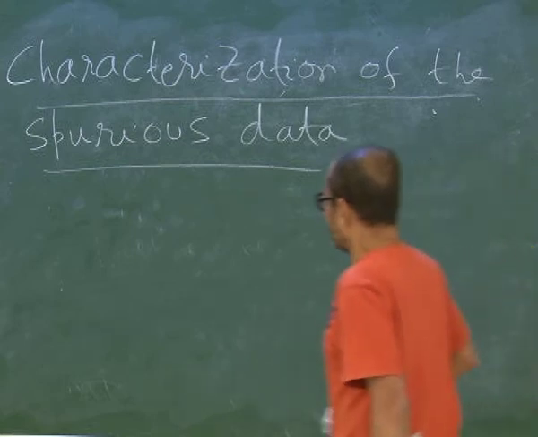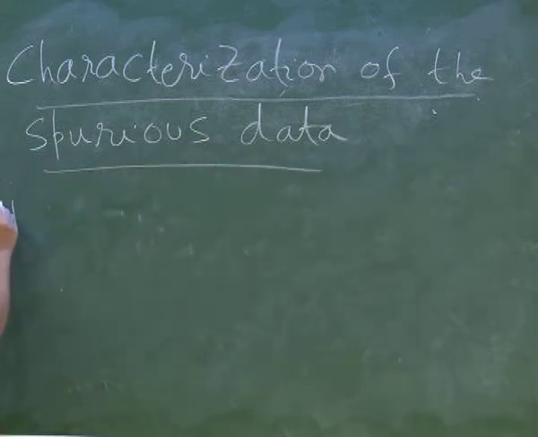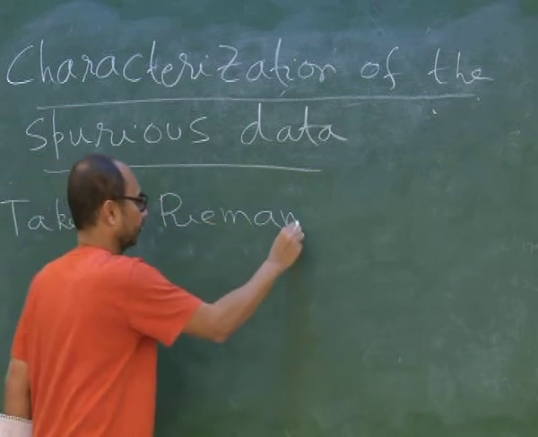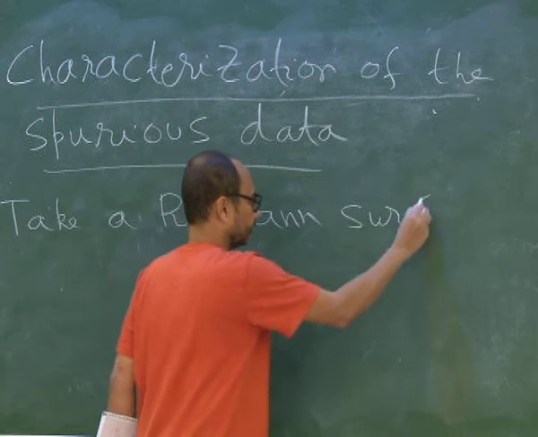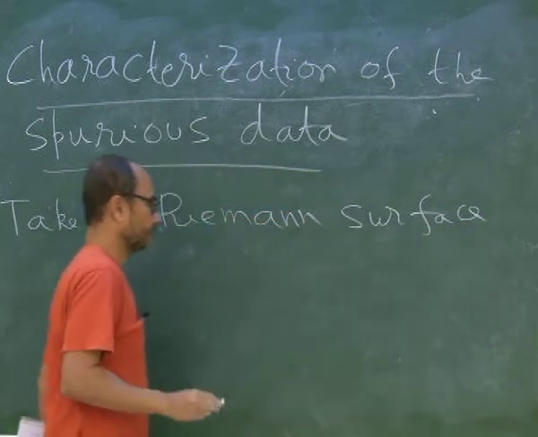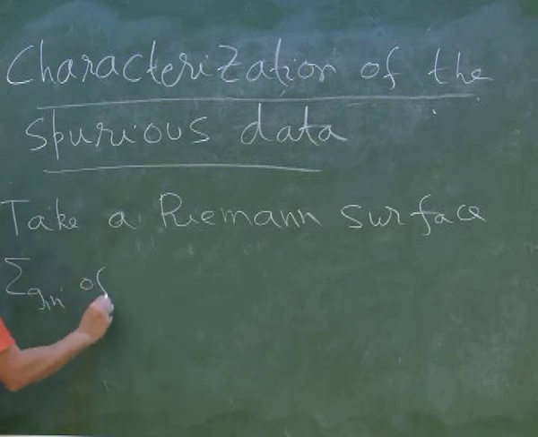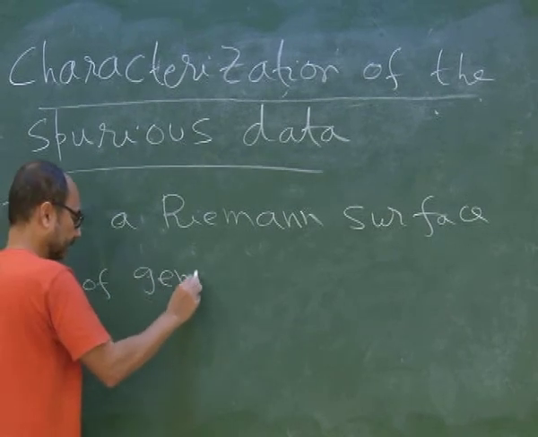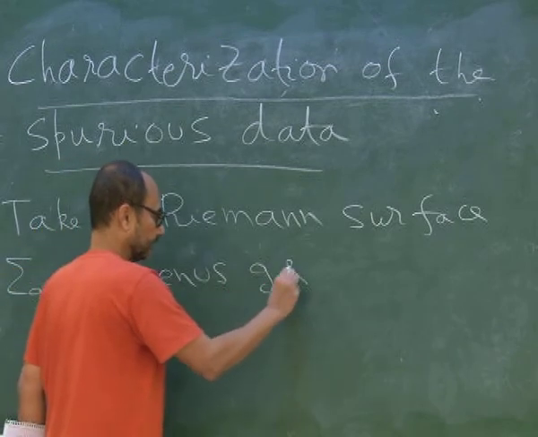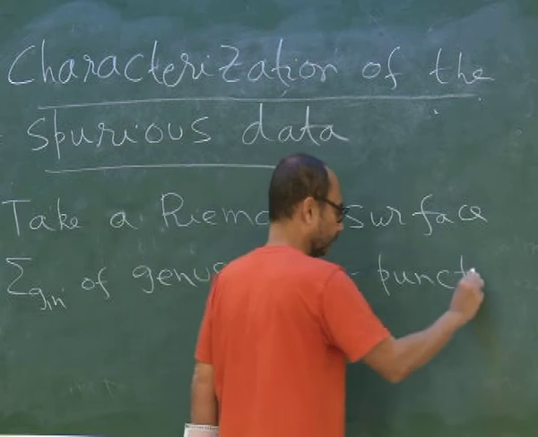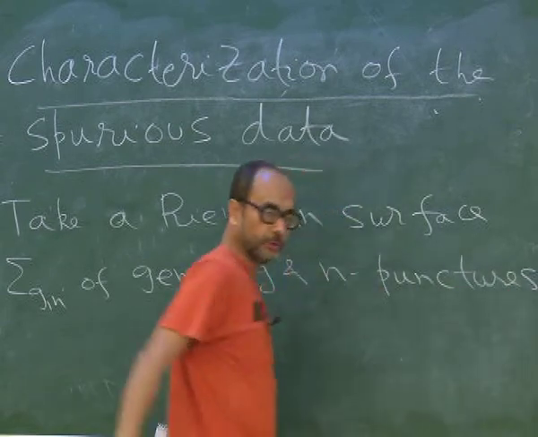Okay. So, take a Riemann surface sigma g,n of genus g and n punctures, which basically means that we are going to use this to compute an n-point amplitude.